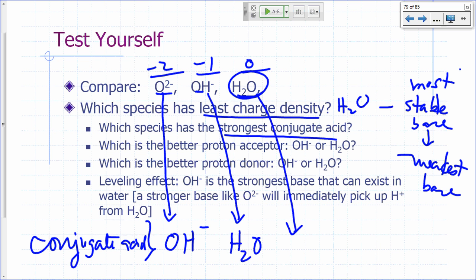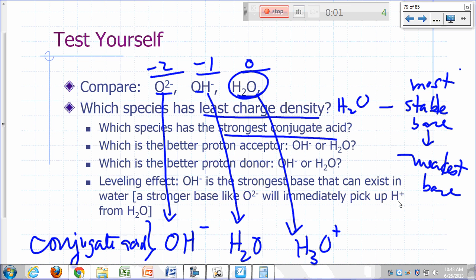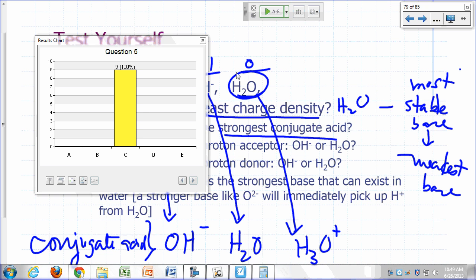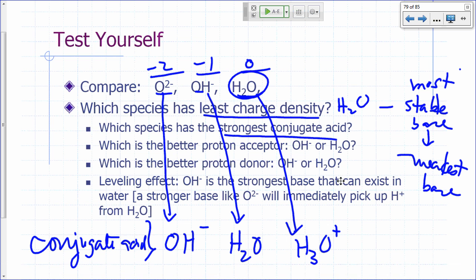What's the conjugate acid of water? Hydronium. So of these three conjugate acids, which one is the strongest? A, B, or C? It should be a no-brainer, even if you didn't know the arguments behind it. What's the strongest acid of these three? Hydronium. Very good.